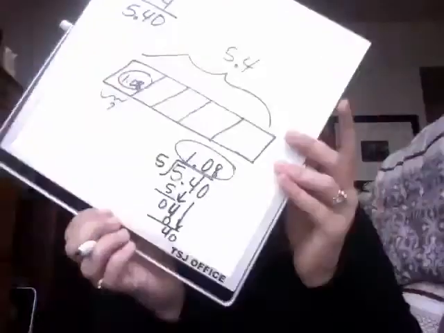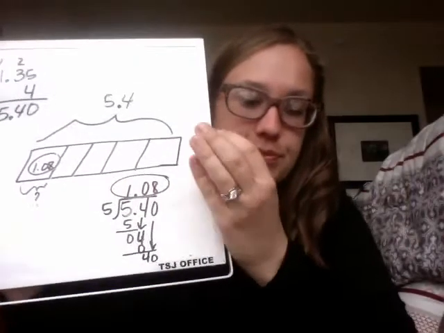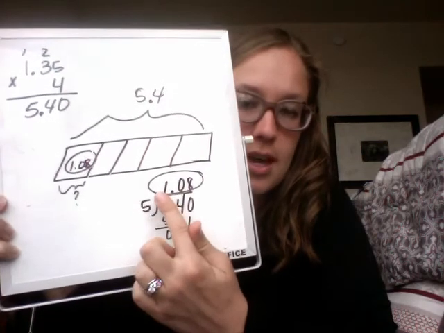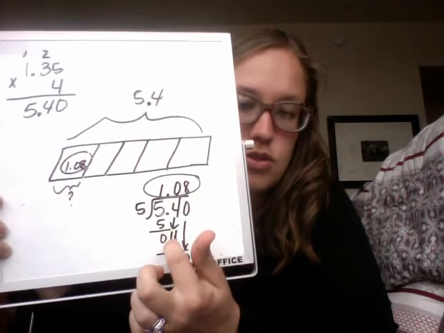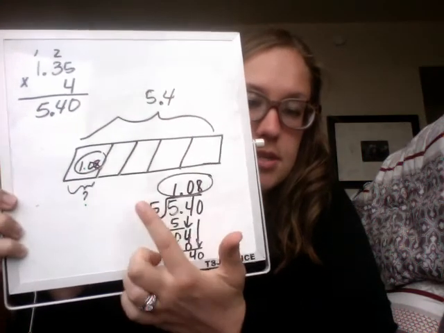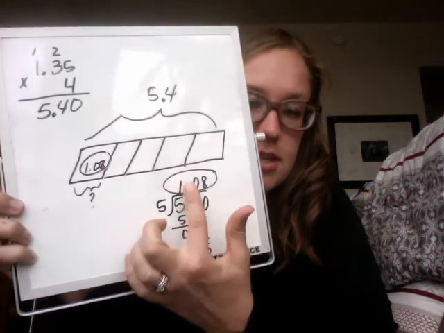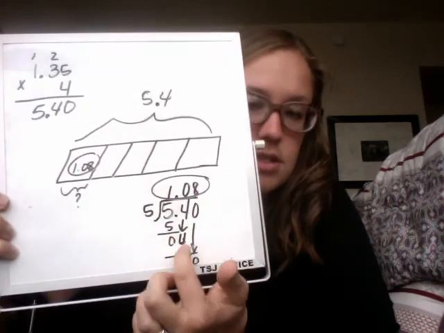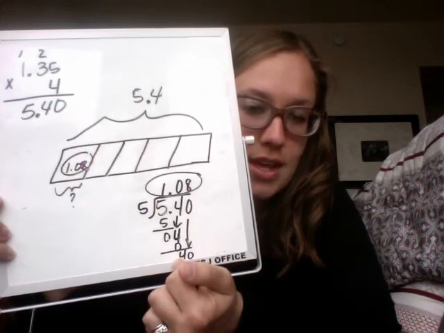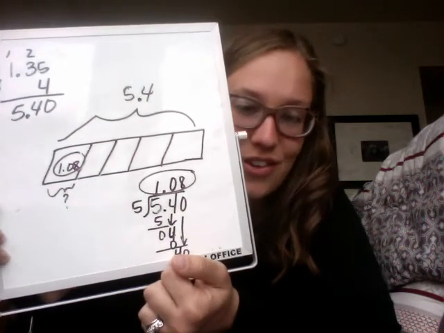I'm going to flip it over. Here, 5 goes into 5 one time. 5, that gives us nothing left over, but I bring down my 4 tenths. How many times does 5 go into 4 tenths? 0 times. 0 times 5 is 0, which gives me 4 tenths left over.